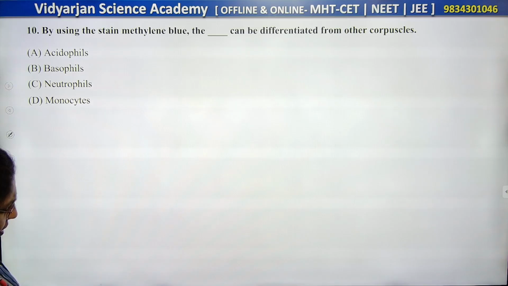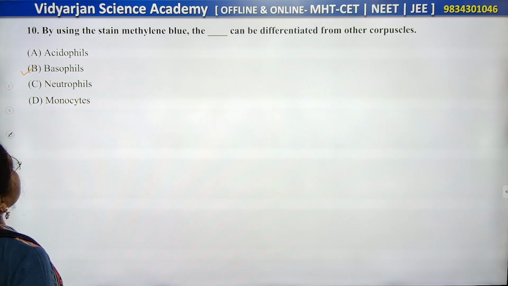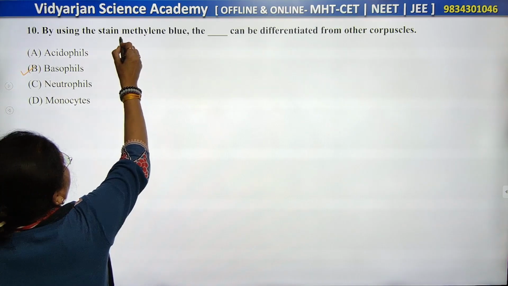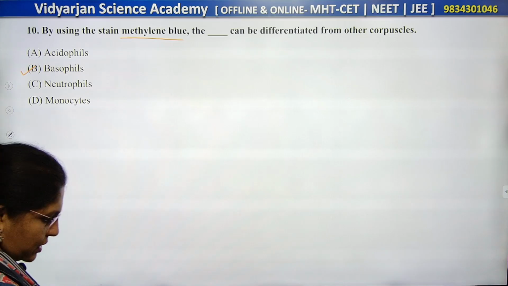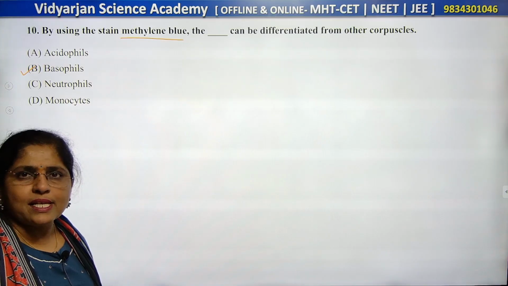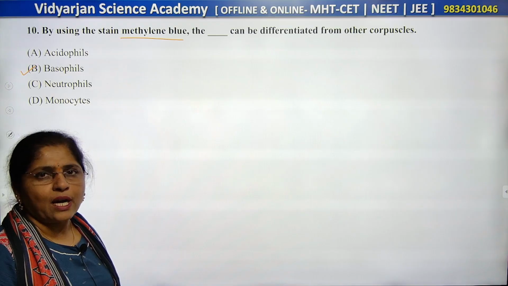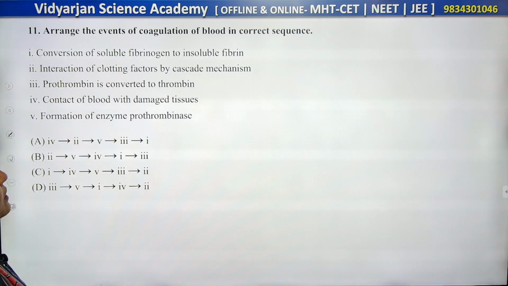By using the stain methylene blue, the correct answer is basophils. Note down, by using stain methylene blue, the basophils can be differentiated from the other corpuscles. The proper staining method should be used to check all the cells, and you should be able to sort them out under the microscope. So your answer here is basophil.